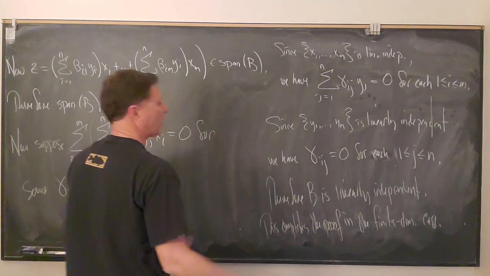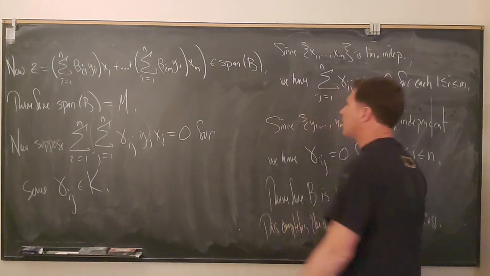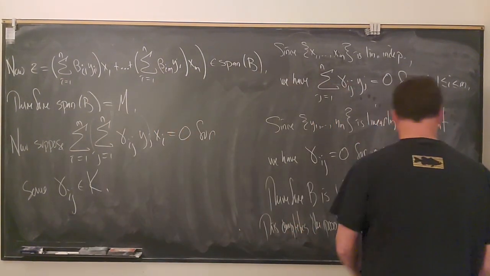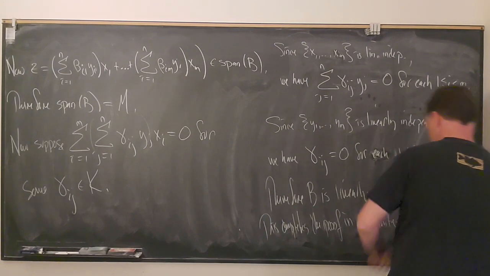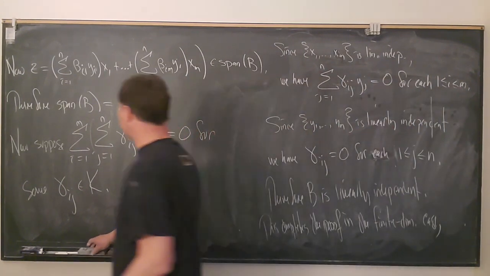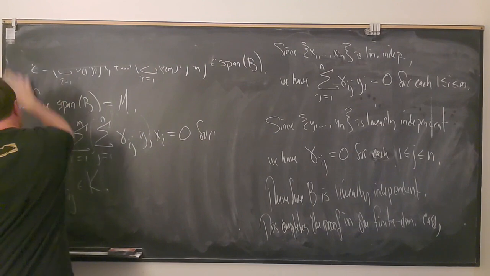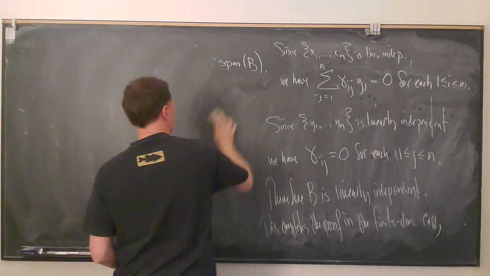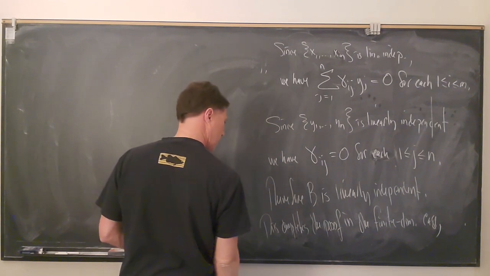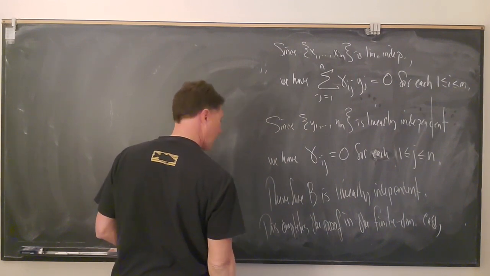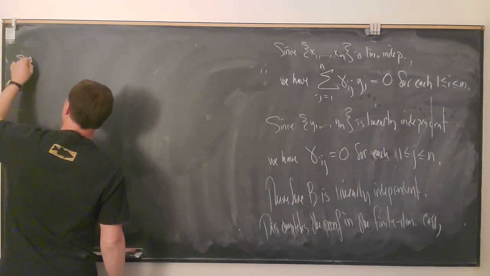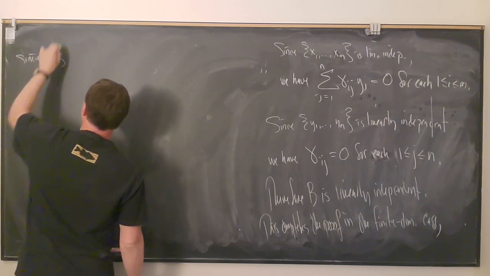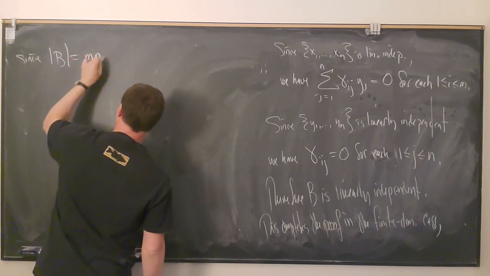I should point out the size of B. Let me finish this sentence, because what did we do? We created a set that has exactly m times n elements. So we can say this completes the proof in the finite dimensional case, since the cardinality of B is exactly equal to mn.